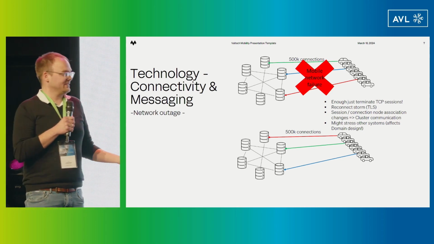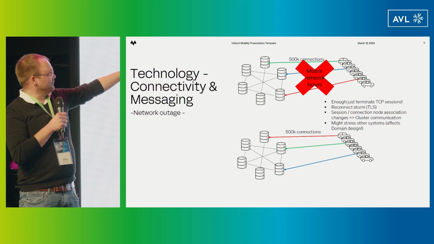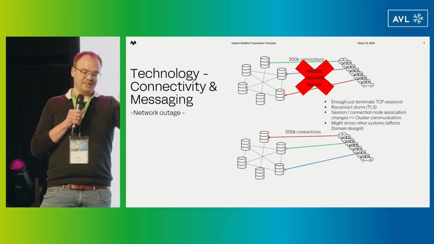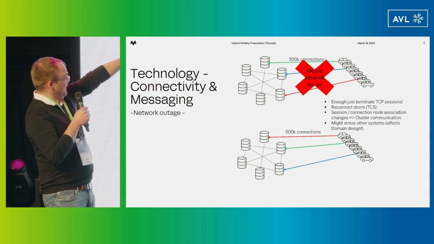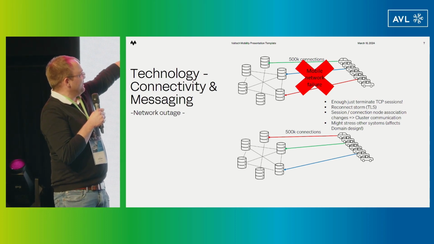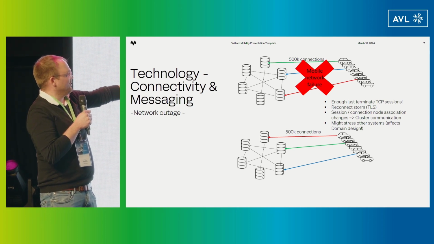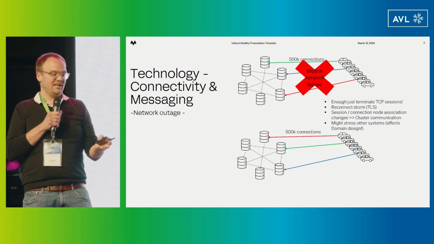And then, what happens? The cars don't know about each other. They will try to reconnect, and you get a reconnect storm because they all try at the same moment to reconnect to your cluster. Those 500,000 connections I pointed out, I moved the green line to the others, but normally it should be more like a rainbow color because those connections get spread out over the whole cluster.